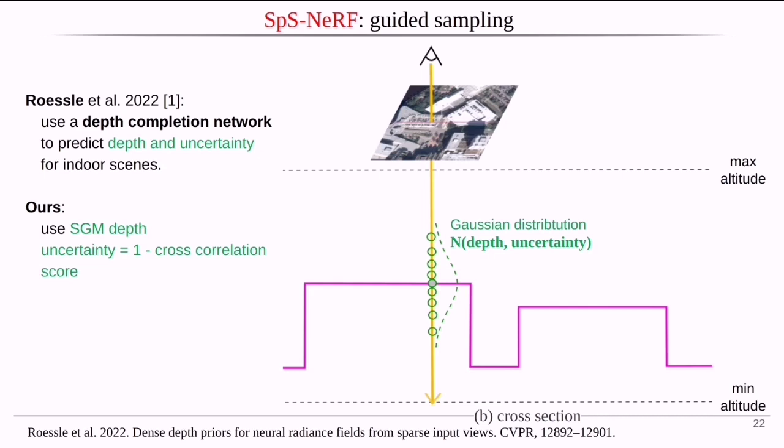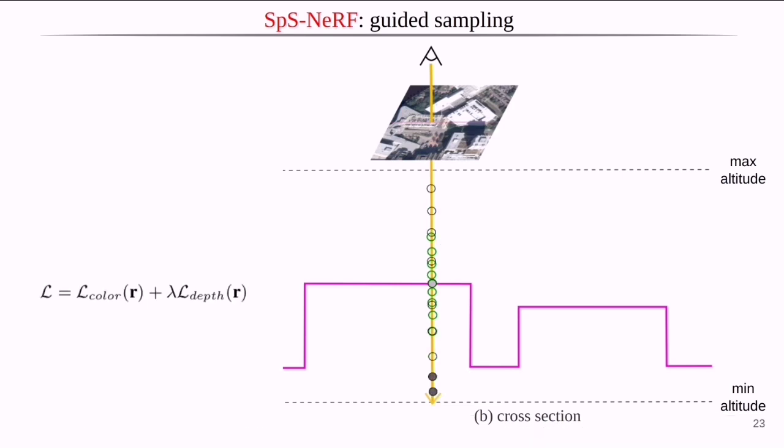Rosslow's paper uses a network to predict the depth and the uncertainty for indoor scenes, while our depth and uncertainty result from SGM. Finally, we combine both the basic sampling and the guided sampling points to accumulate the color and the depth for each ray, and we use both color and depth loss to optimize our network.